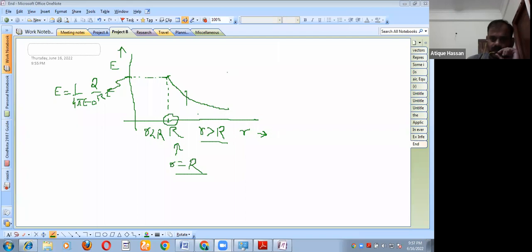See, if you see this electric field expression, for zero it is clear, right? No graph.